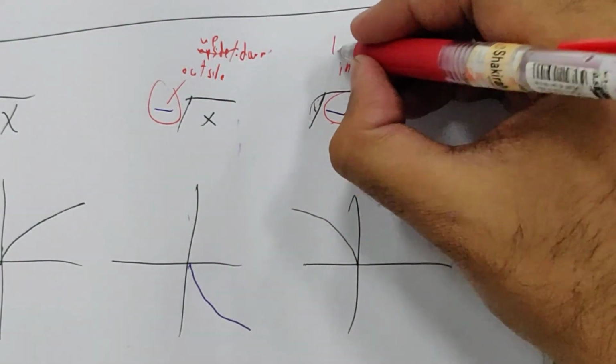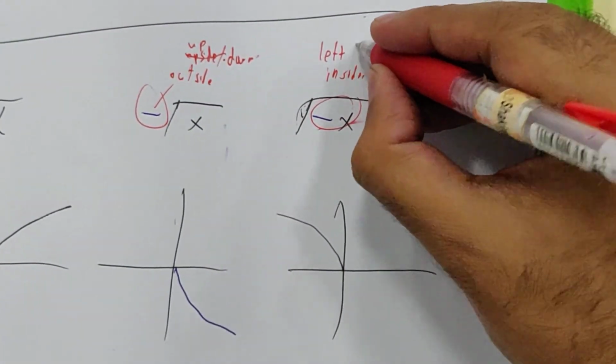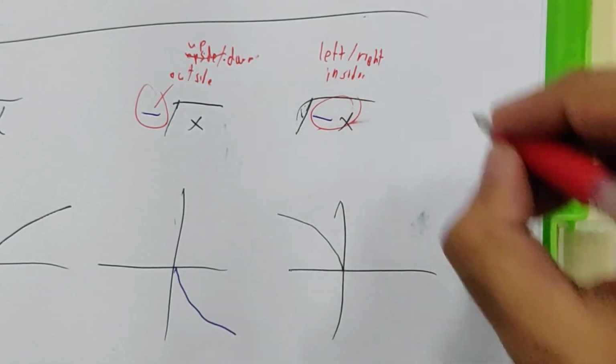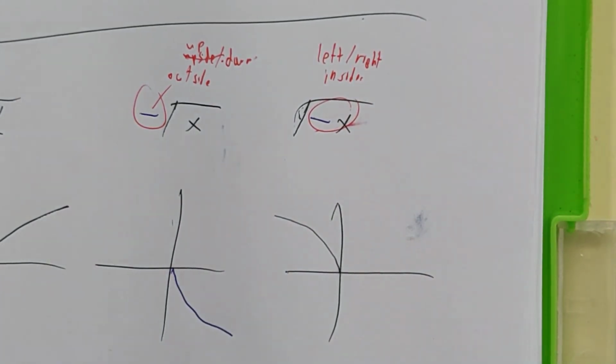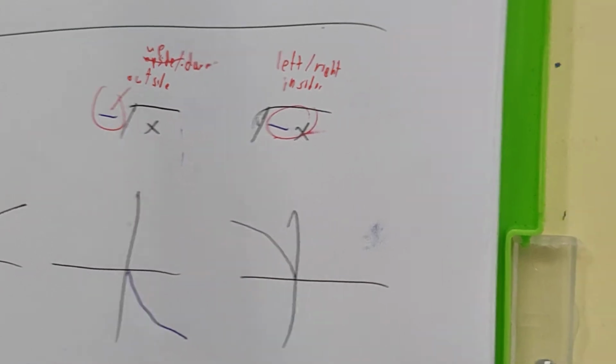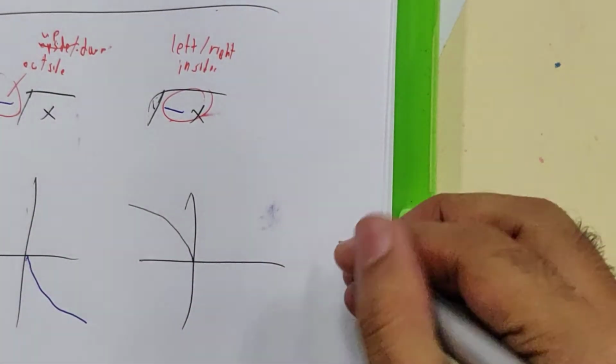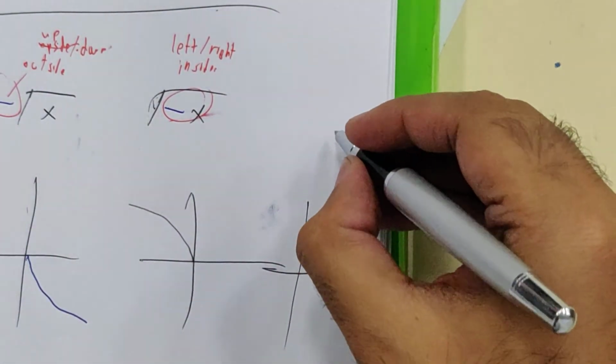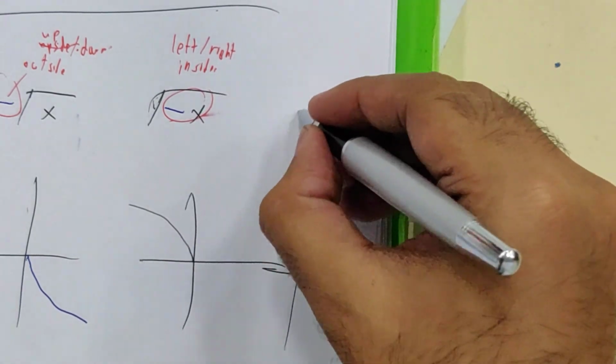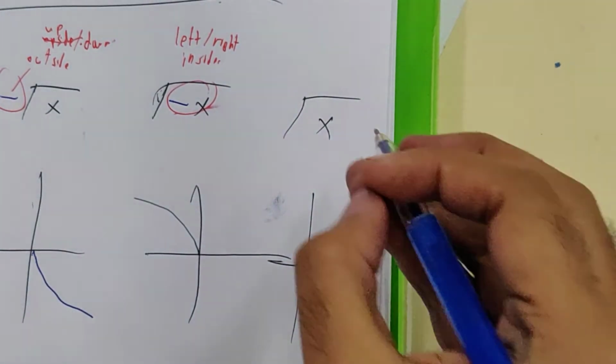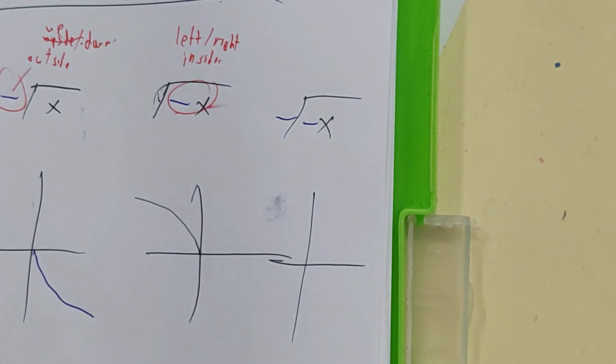Inside costs you left or right. Now I got a question for you. What happened if you got this? Sorry, run out of space. Inside and outside.